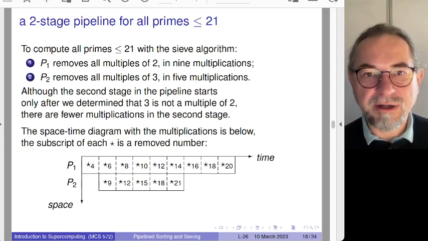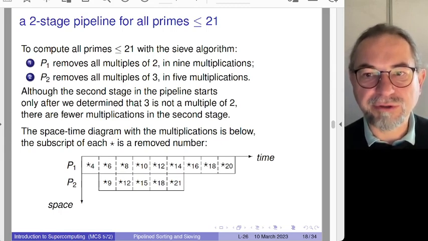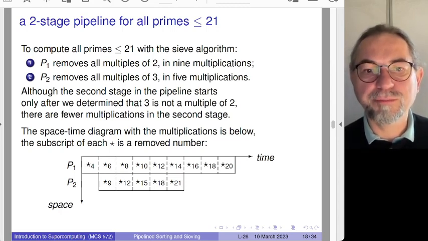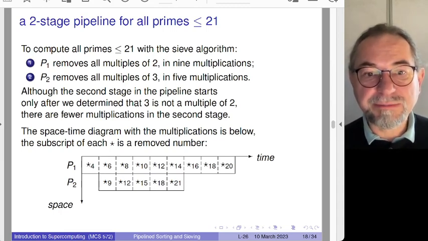So here there is the data movement, the marking off, but there are also computations of the multiples. So we can indicate the multiplications, the computation time that needs to be done. So you see even with 2 processors, you have already a speed up.